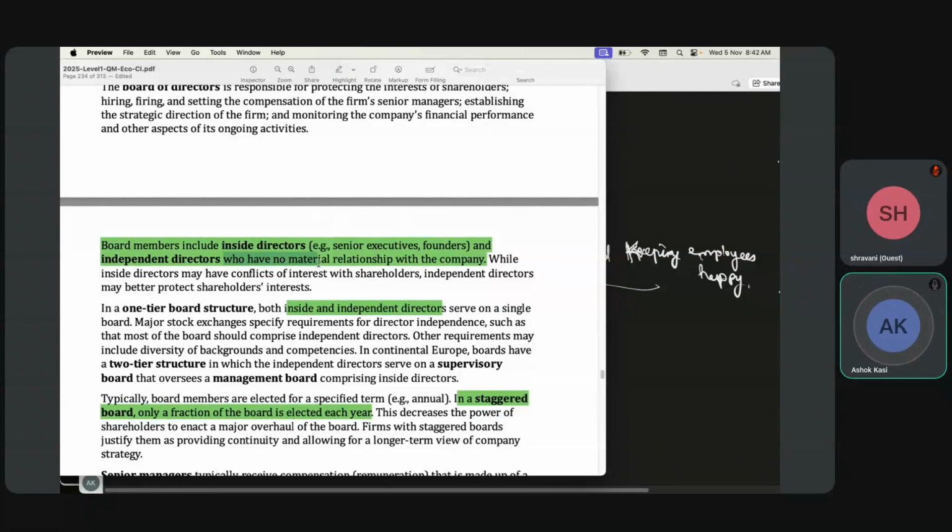So that they can protect minority shareholders' interests. Independent directors are the representatives of the minority shareholders. The more independent directors the better, because insiders can do any sort of manipulation, so to have a check on that, independent directors are appointed.